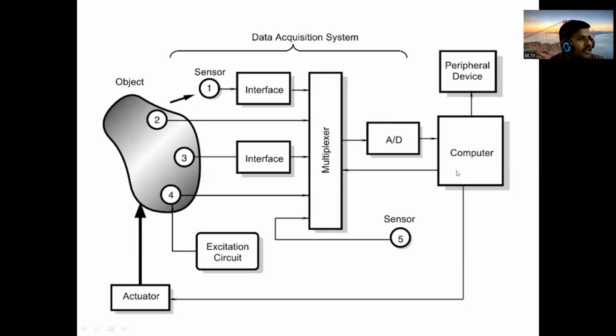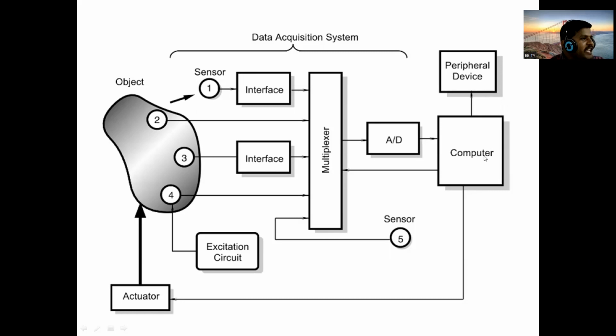Now what will the computer do? The computer reads the output obtained from that sensor. Suppose sensor number 1 output is 0, that means door 1 is open. It is fed to the computer, the computer processes it, and in that situation it gives a signal to the peripheral devices. The peripheral device is nothing but the display unit.